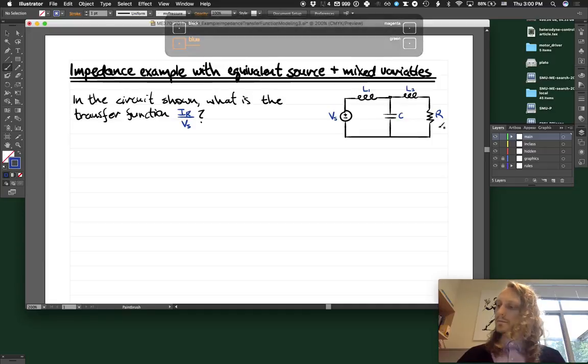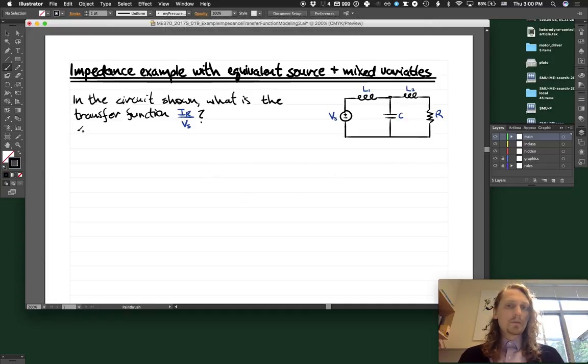Okay. So the first step is probably the trickiest, and that is finding an equivalent source model. You could write any part of the circuit as an equivalent source, but we're choosing to write this part of it as the equivalent source.